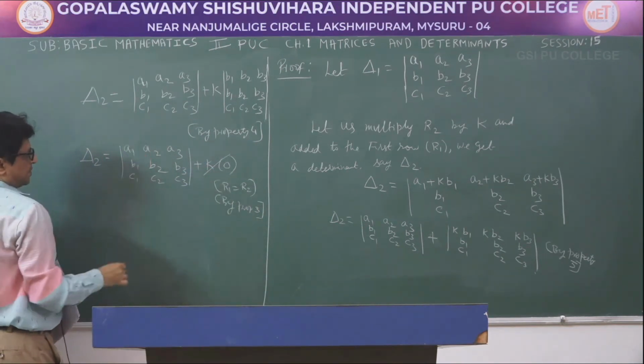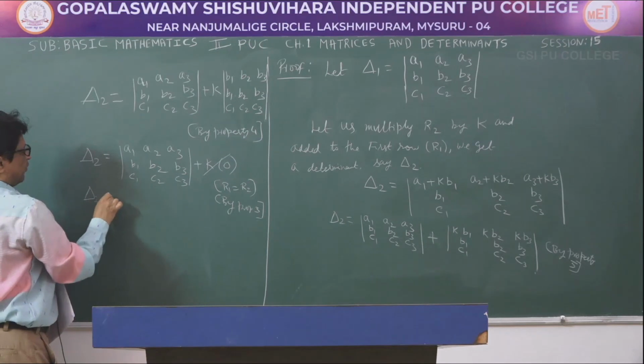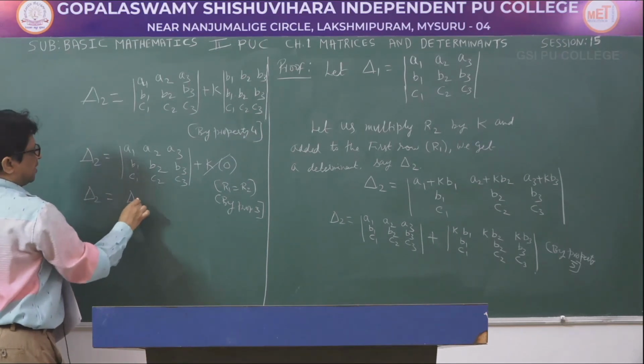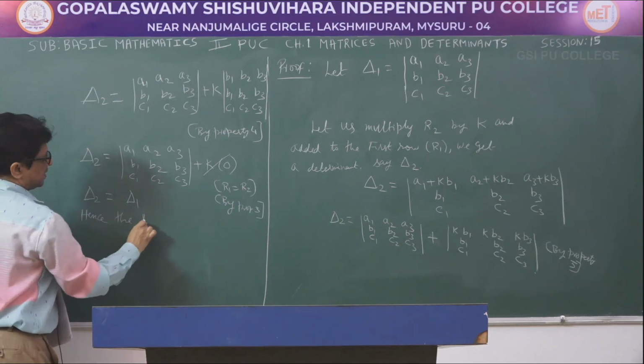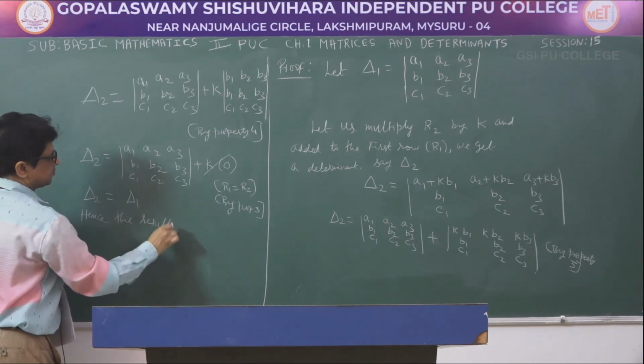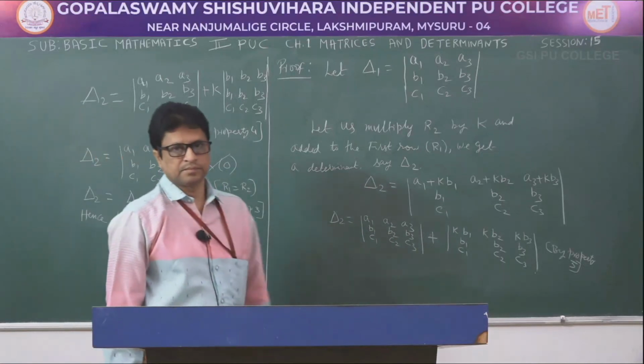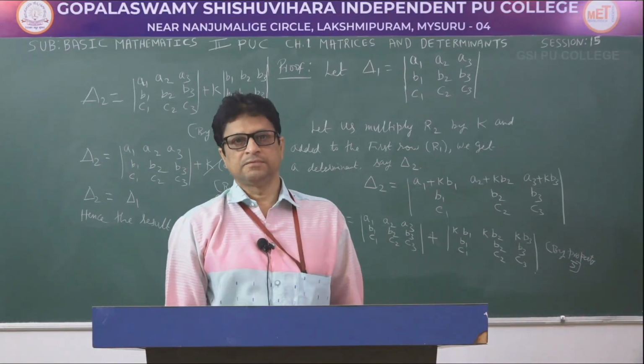So k into 0 becomes 0, so delta 2 will be equal to delta 1, hence the result.